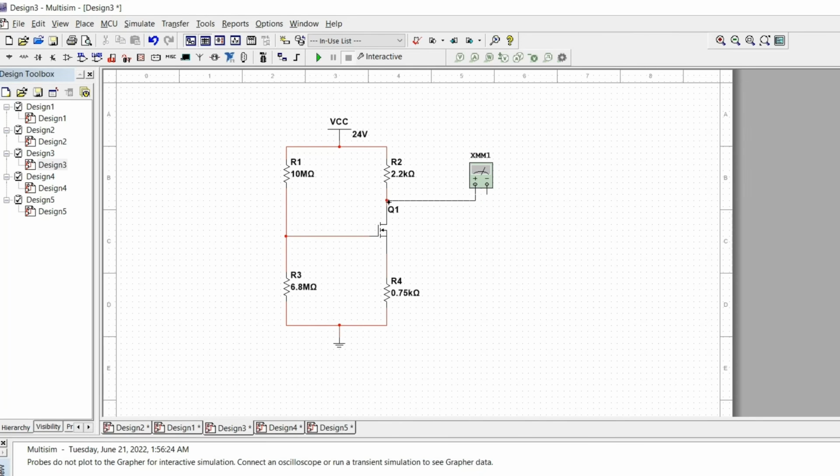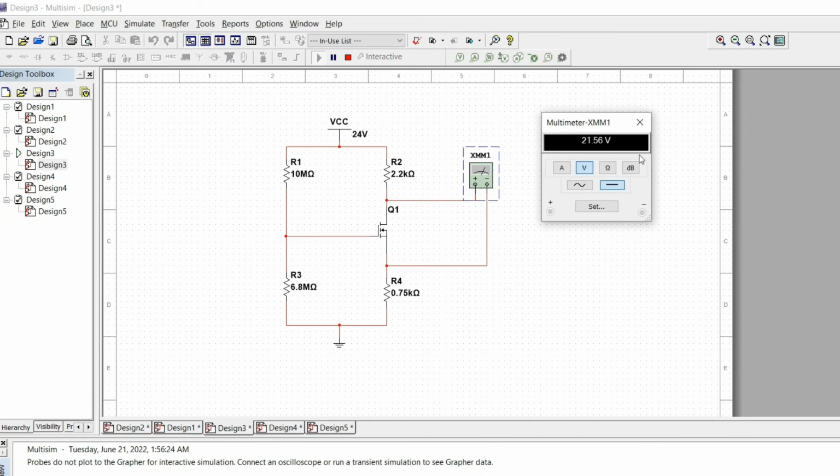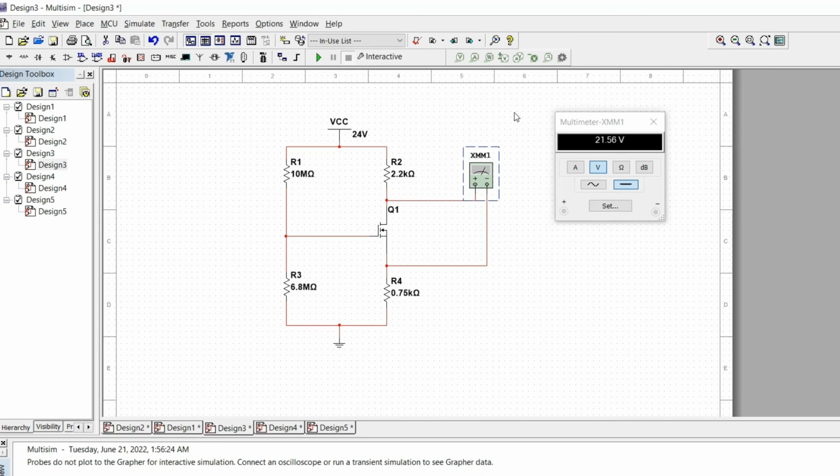Then we put it between resistor 2 and resistor 4. Run it, and yes, this is the total value for VDS, 21.56 volt. Okay, we have gone for VDS.